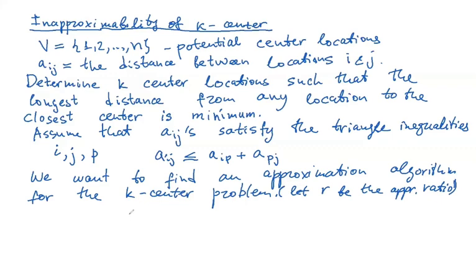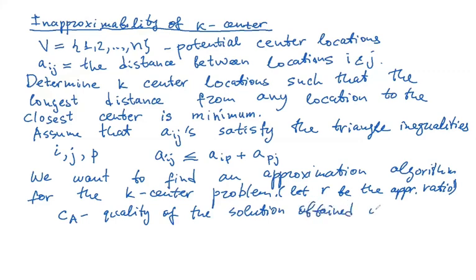Let's denote by C_A the objective value obtained using the approximation algorithm A, the quality of the solution obtained using algorithm A, which will be our approximation algorithm.